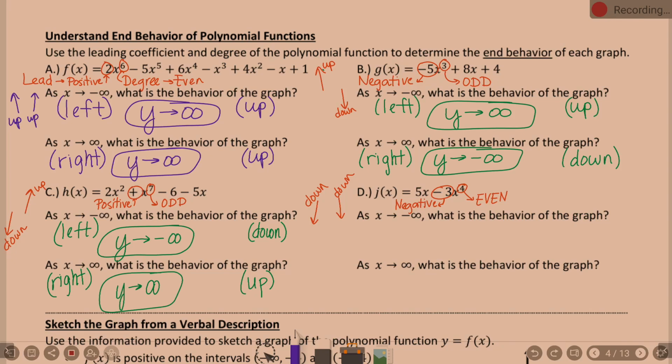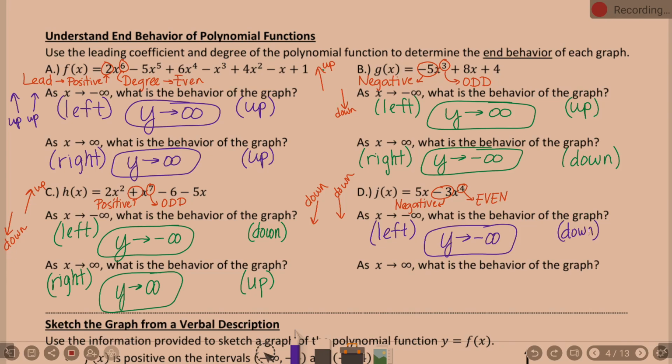Okay. As x approaches negative infinity. So as we move to which side of the graph? As we move to the left. What's my graph doing on the left? It's going down, which is what? Y approaches negative infinity.